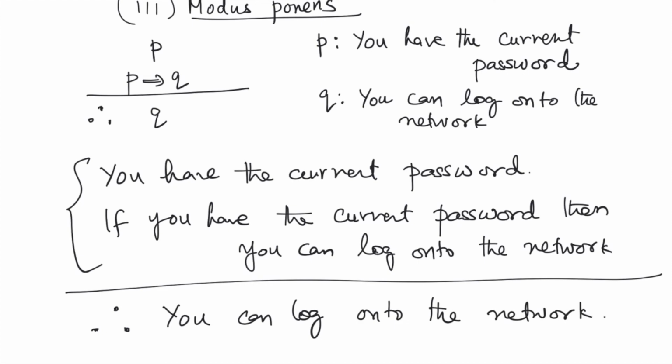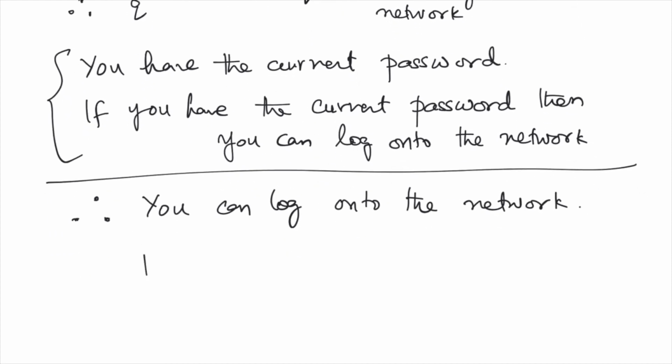So if we have P and if we also have P implies Q, therefore we can write Q. That is the simple idea.